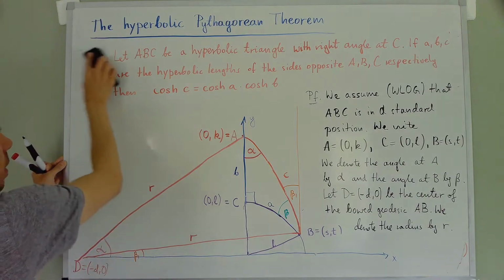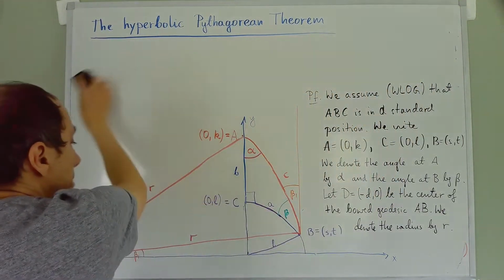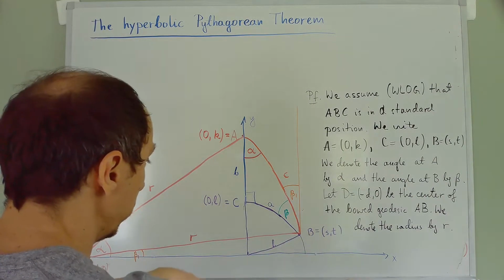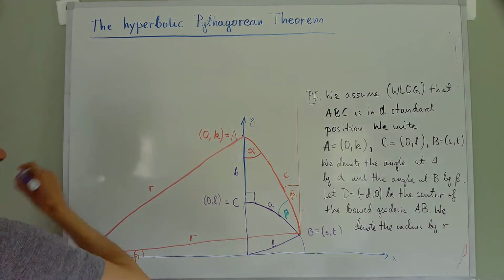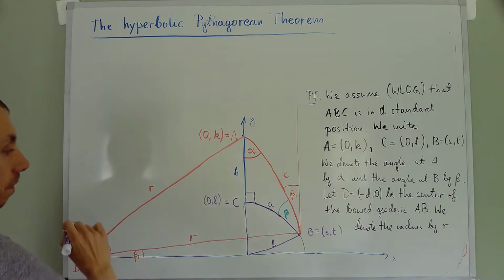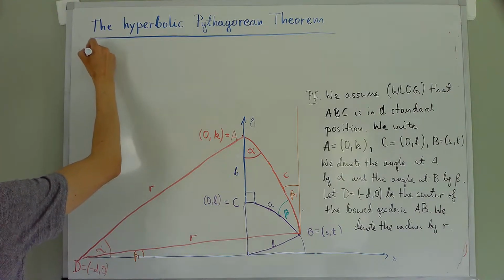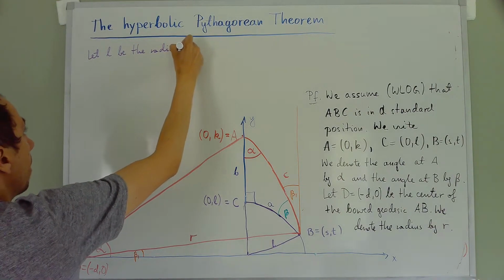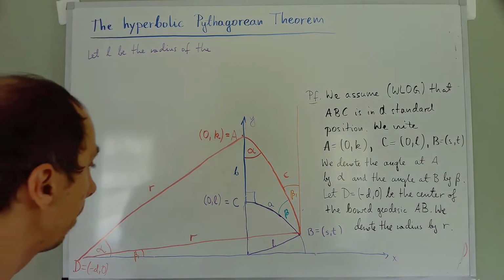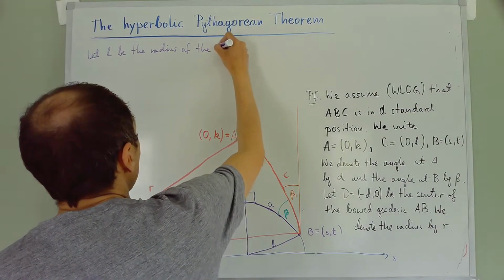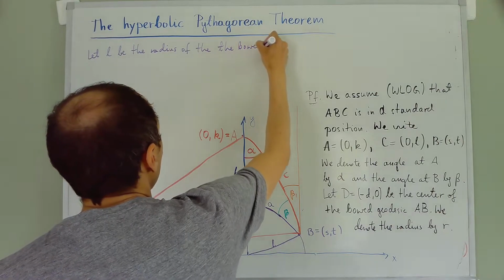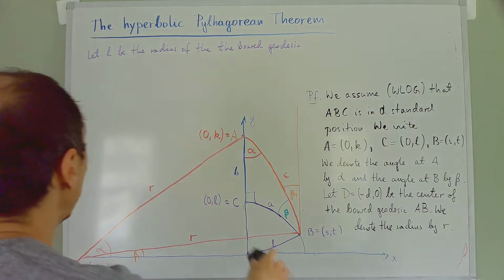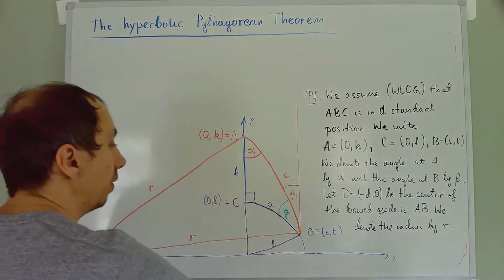Similarly, we get the purple sector here. So similarly, the radius of the bowed geodesic, or maybe I shouldn't say let L. I already told you what L is, so I don't get to give it another designation.